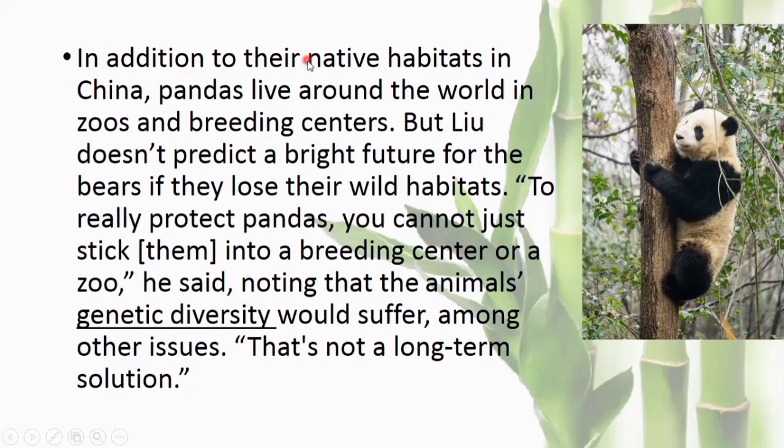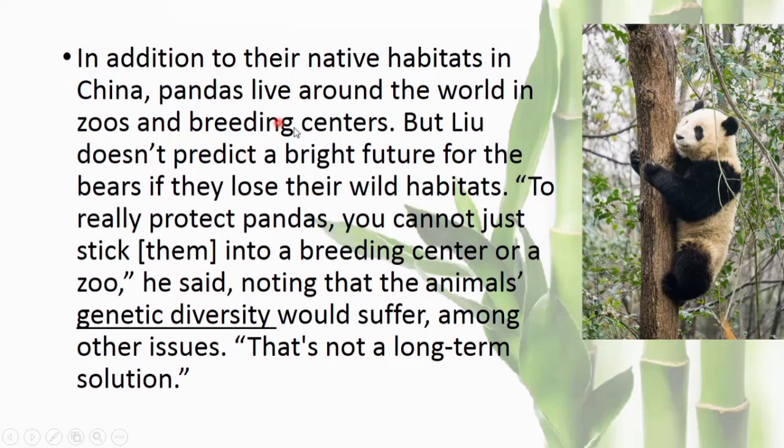In addition to their native habitats in China, pandas live around the world in zoos and breeding centers. But Liu doesn't predict a bright future for the bears if they lose their wild habitats. These wild animals need a wild environment to have a proper life.